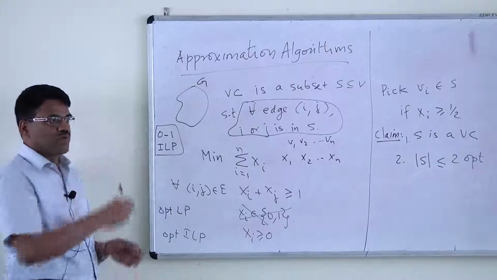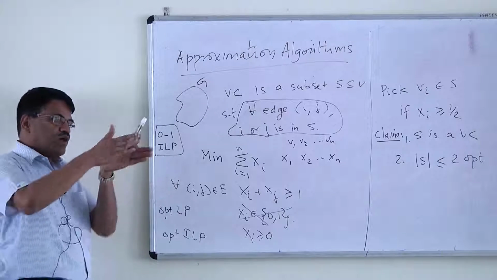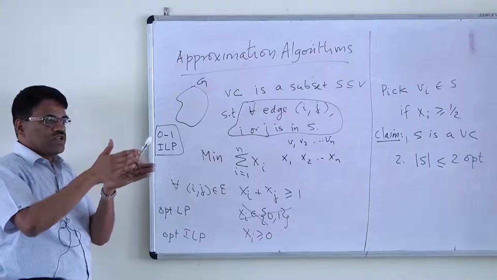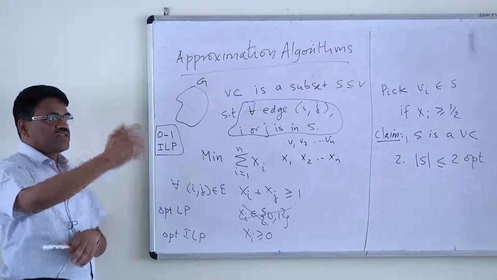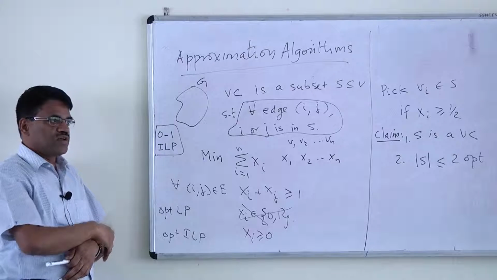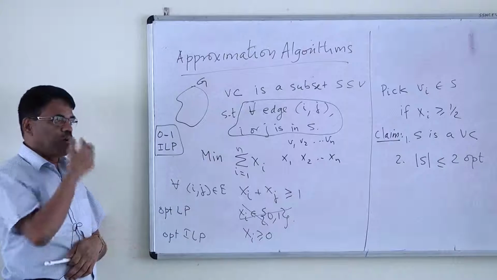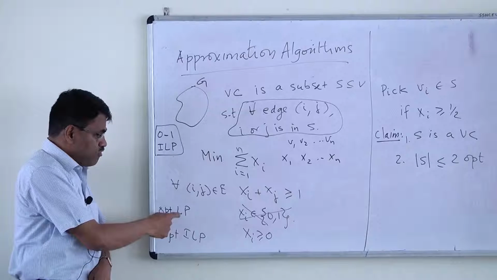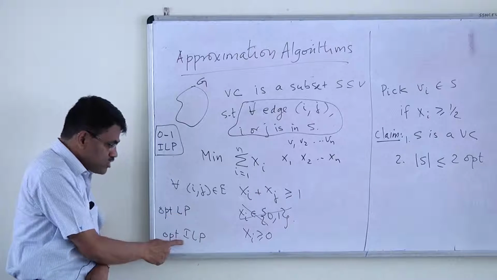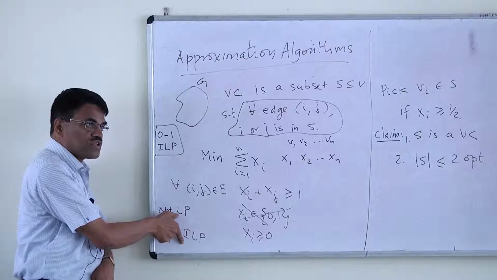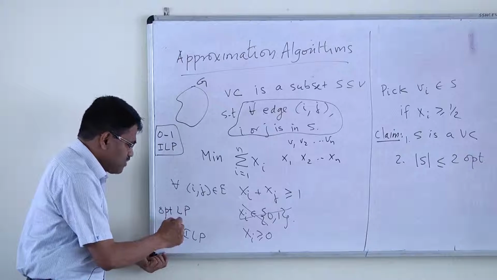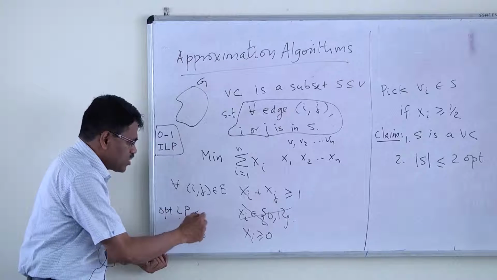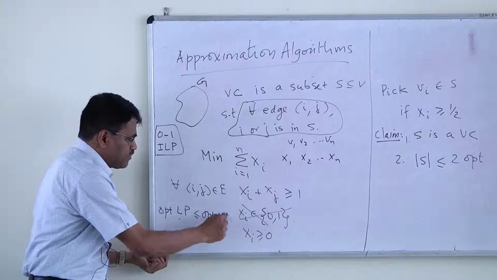It's a minimization problem. You want to minimize this subject to these constraints, and it gives me a solution. Now I remove a constraint and say, you don't have to satisfy this. I'll actually even go down, right? Because any solution for this is also a solution for this. But I might go even smaller. So I would say this is less than or equal to opt ILP.